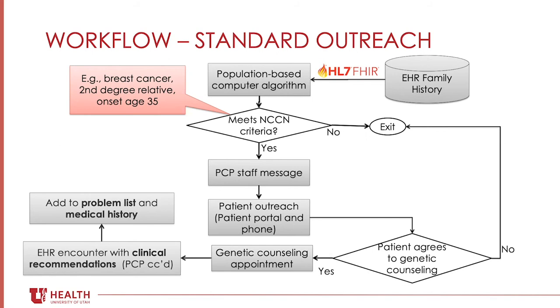But they basically send electronic messages through the patient portal about this situation, suggesting the patient call the clinic and set up an appointment. If the patient doesn't respond, eventually a genetic counseling assistant will try to outreach via phone call.